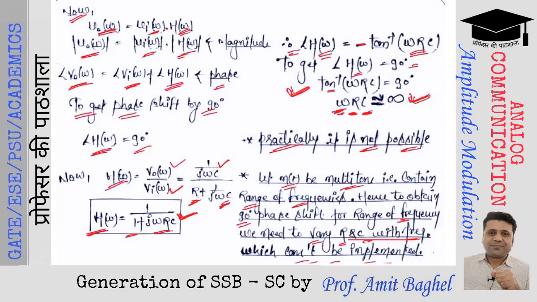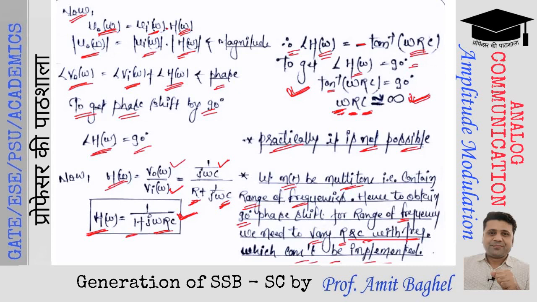It is impossible to implement. So a 90 degree wideband phase shifter circuit is practically not possible to construct. Hence, when the message signal is a multitone message signal, to generate the SSBSC signal, we are going to apply the frequency discrimination method.